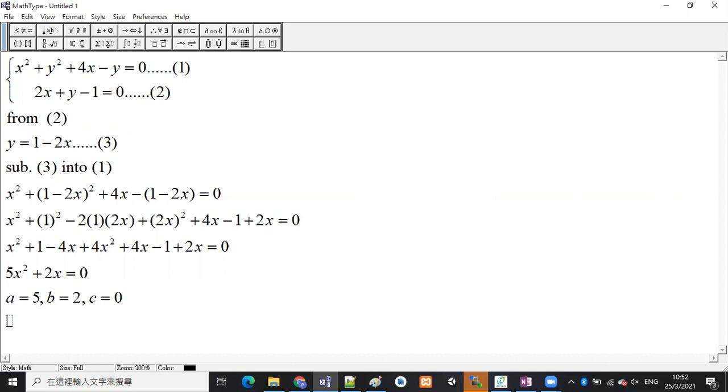I think one is 0 and the other should be negative 2 over 5, or negative 0.4. Am I correct? So x is 0 or x is negative 0.4, or 2 over 5 negative. But the question just asks us how many intersection points there are. So 1 or 2?